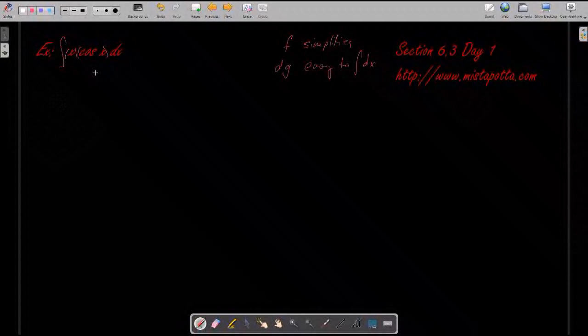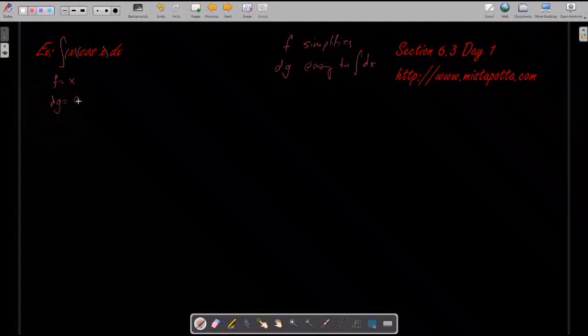But it is something that's easy to integrate. The antiderivative of cosine is sine. So I really think that I want to let f be x in this case, and dg to be cosine of x dx.